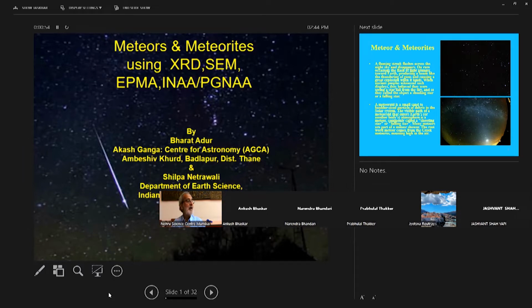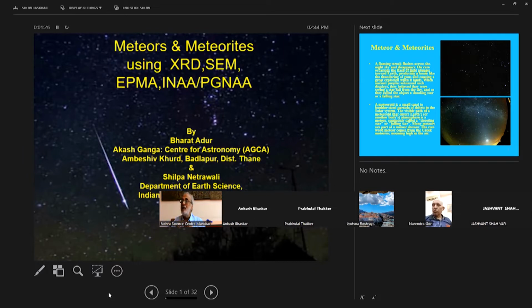And EPMA is electron probe microanalysis, a similar form of SEM, but there you are able to get better elemental resolutions. And INAA and PGNAA: INAA is instrumental neutron activation analysis, and PGNAA is prompt gamma neutron activation analysis.